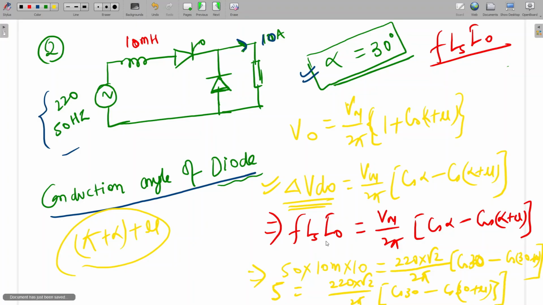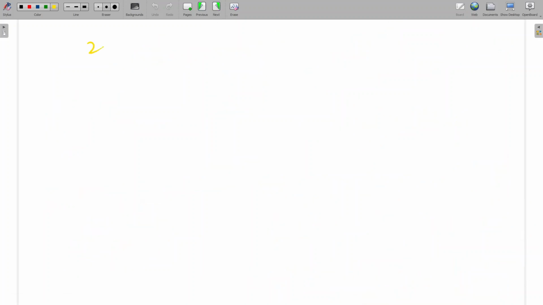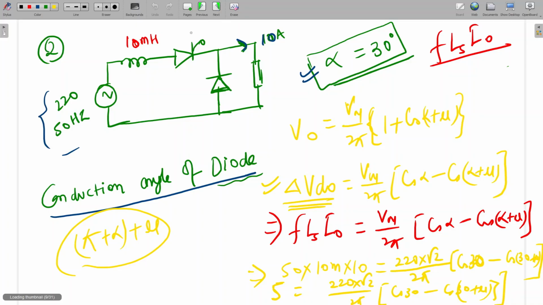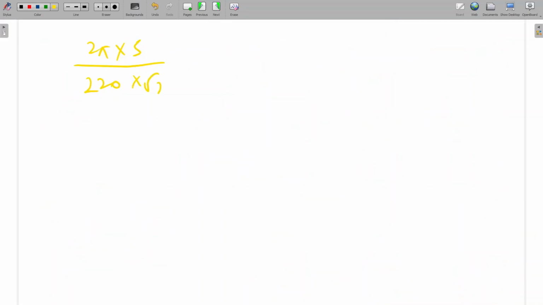So 2 pi into 5 divided by 220 into root 2 is equal to cos 30 minus cos of 30 plus mu. So cos of 30 plus mu will be equal to how much? Cos 30 minus this value.